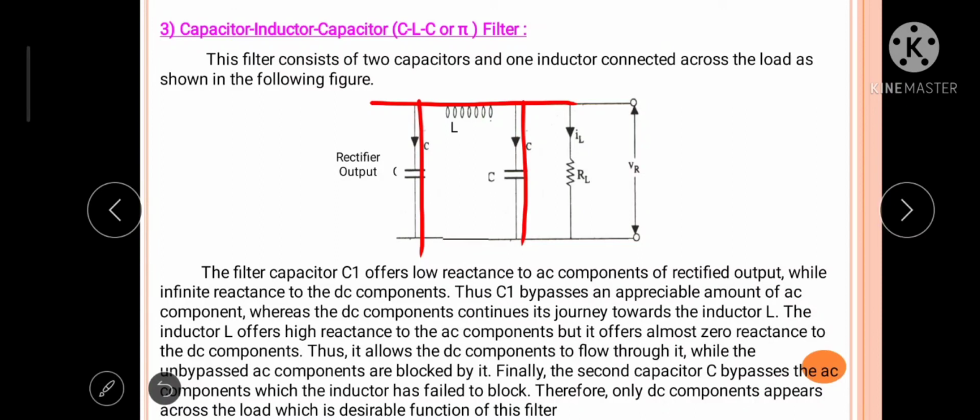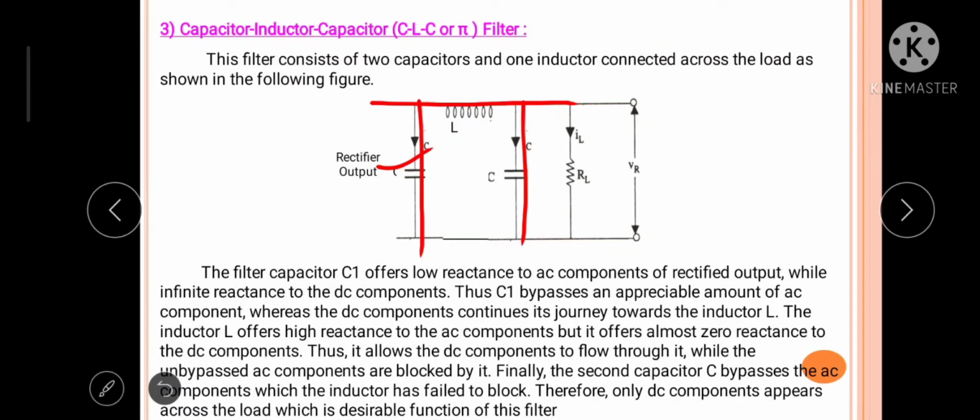Here the filter capacitor C1 offers low reactance to AC components of the rectified output while infinite reactance to the DC components.